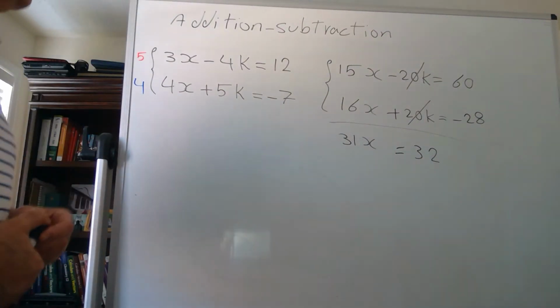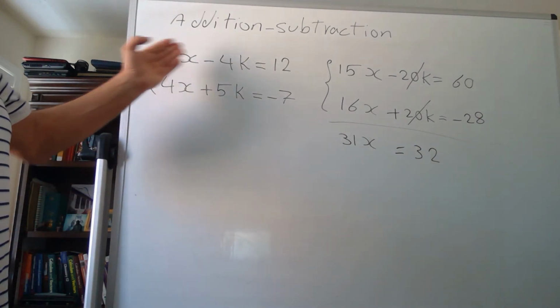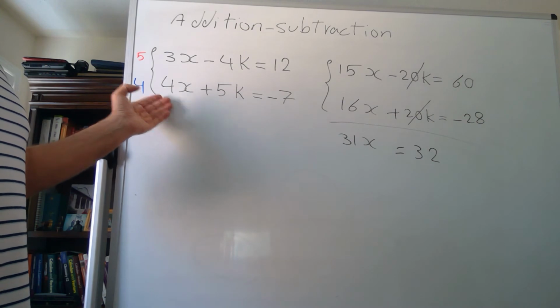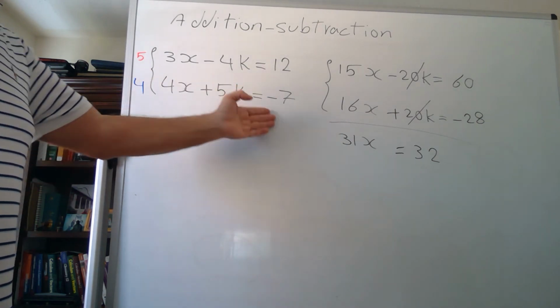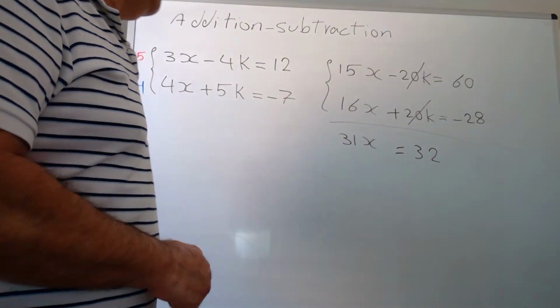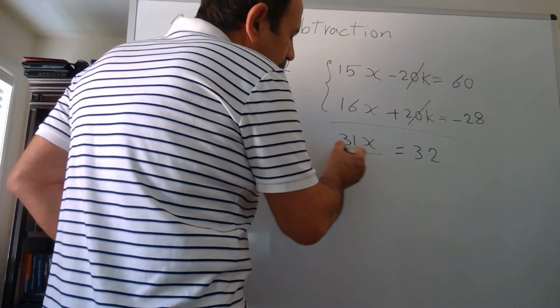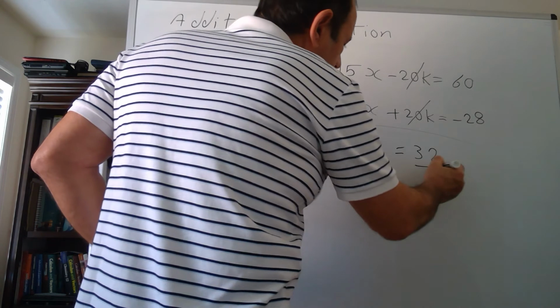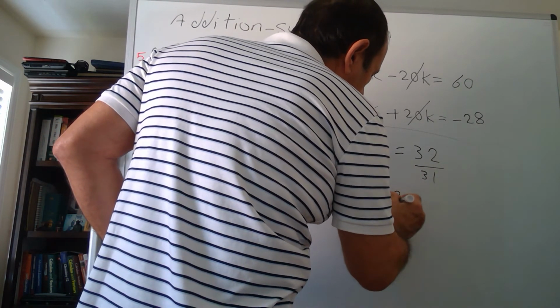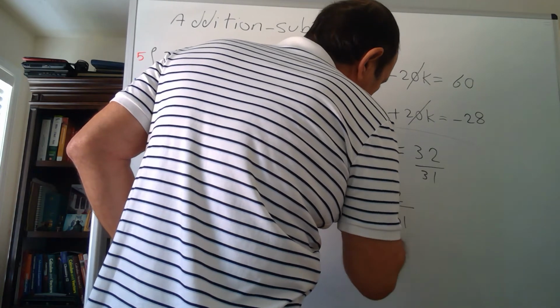Okay, if I didn't make mistakes: 5 times 3 is 15, 20, 60, 16, 20, and 28. So 31x is equal to 32. If we divide both sides by 31, then x is going to be 32 over 31.